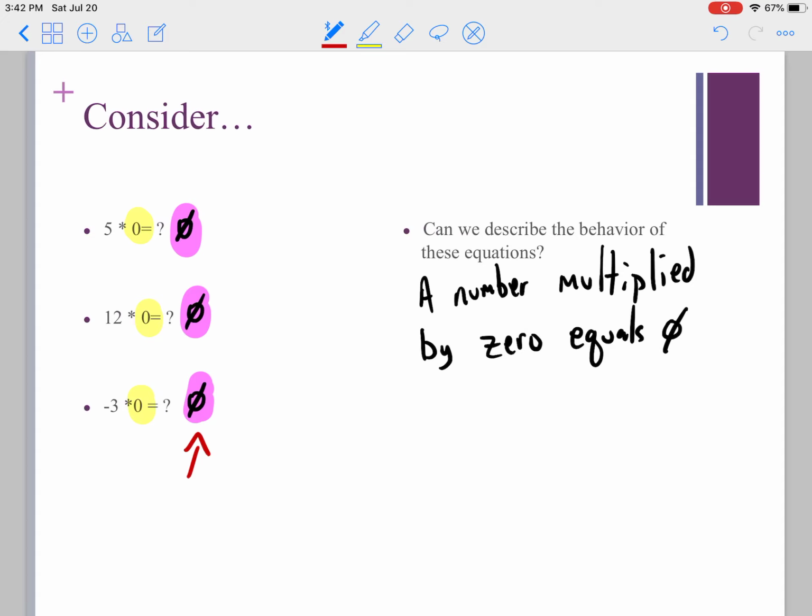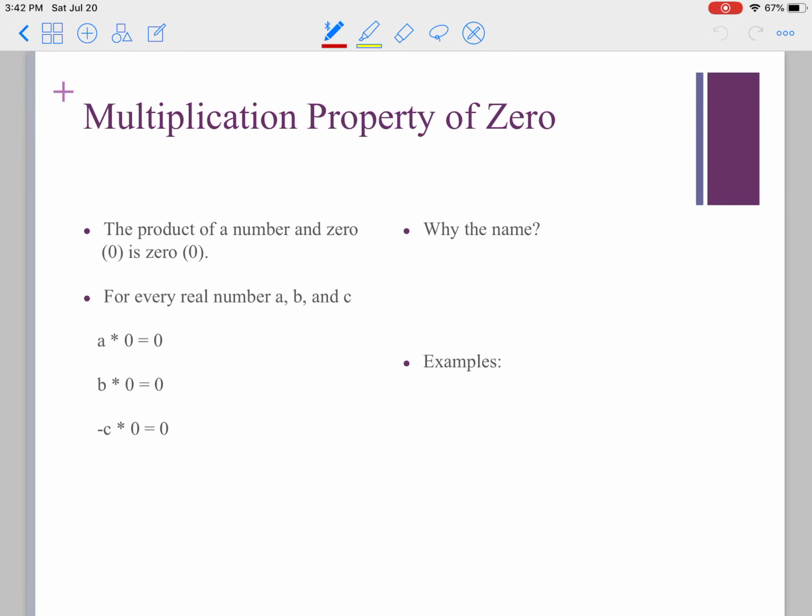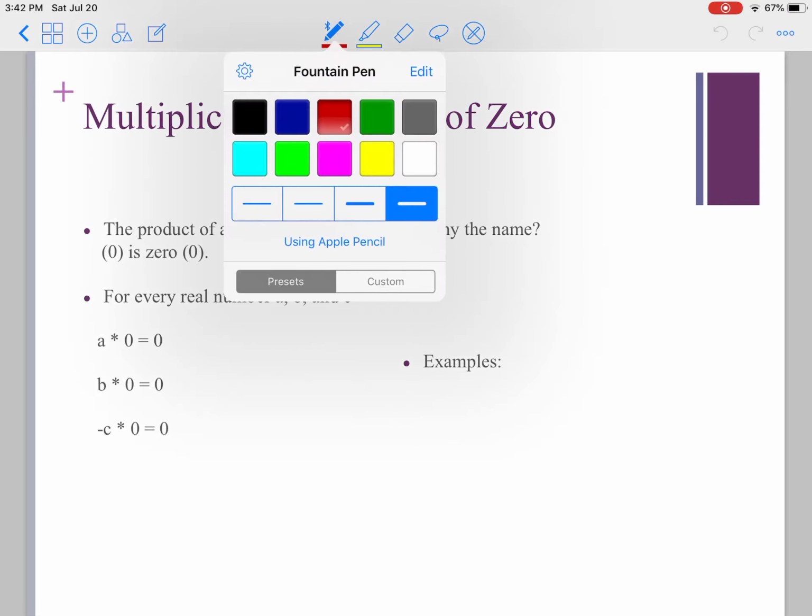So be very careful to make the distinction that a number multiplied by 0 is not the inverse property of multiplication. It does not carry the same name. That actual property is the multiplication property of 0, exactly what it sounds like. It describes exactly what it is doing.